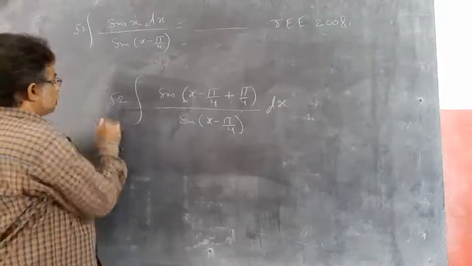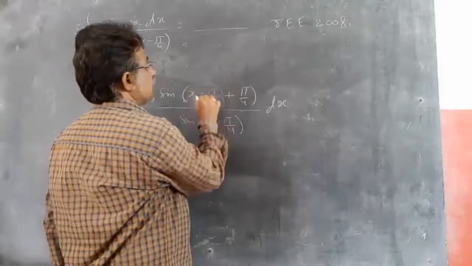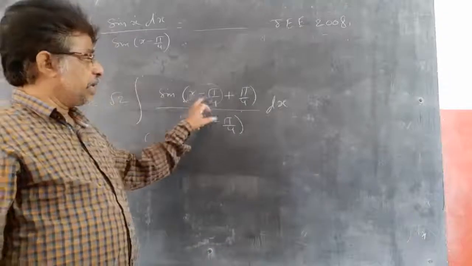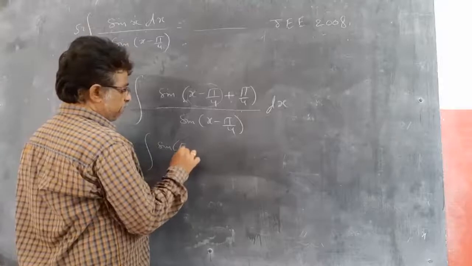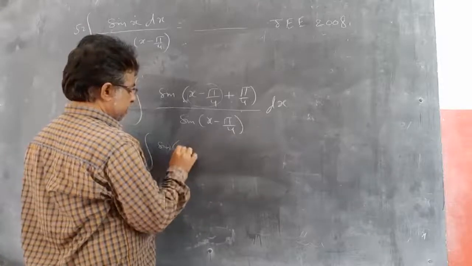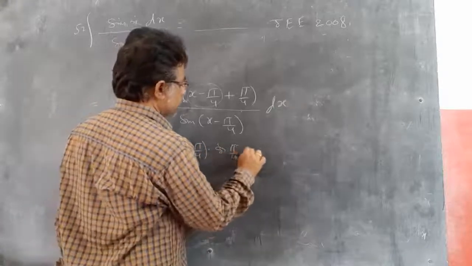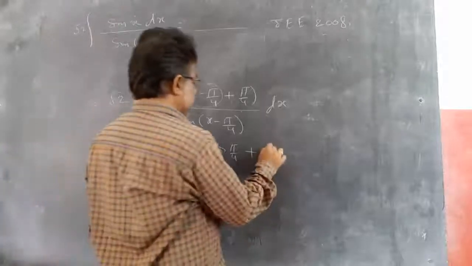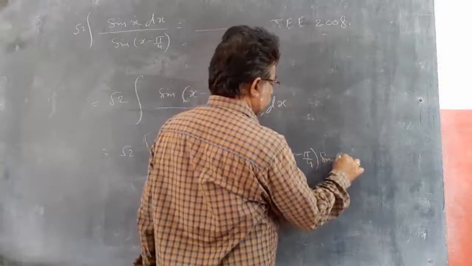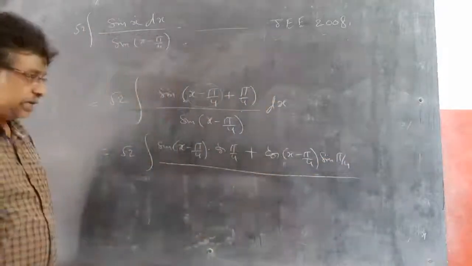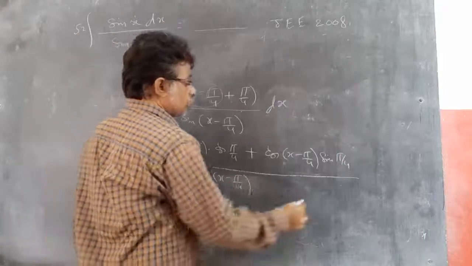Now this is equal to root 2 into integral of, if you take this total as a, this as b, the sin of a plus b formula: sin a cos b means sin of (x minus pi by 4) into cos pi by 4, plus cos a sin b means cos of (x minus pi by 4) into sin pi by 4, whole by sin of (x minus pi by 4) dx.